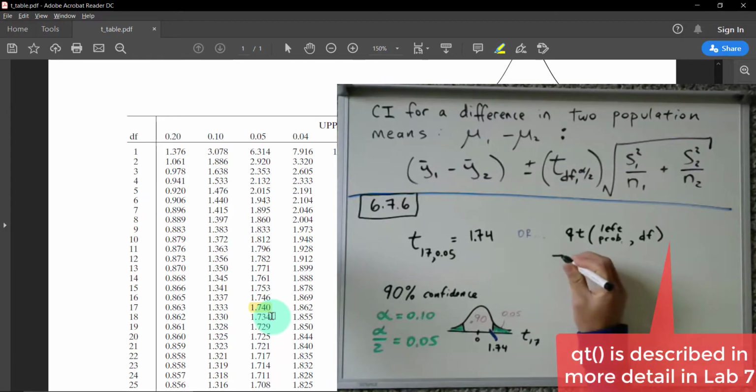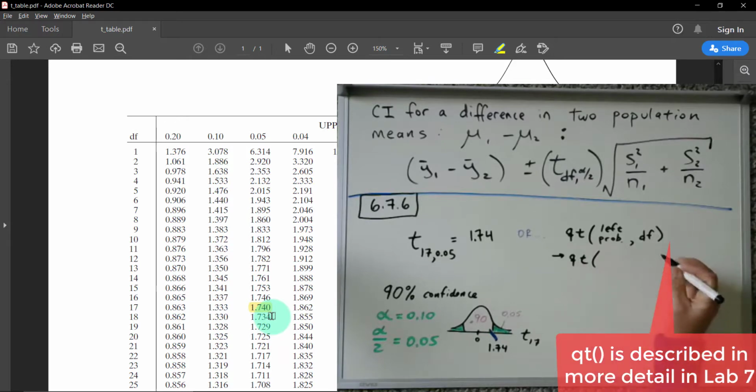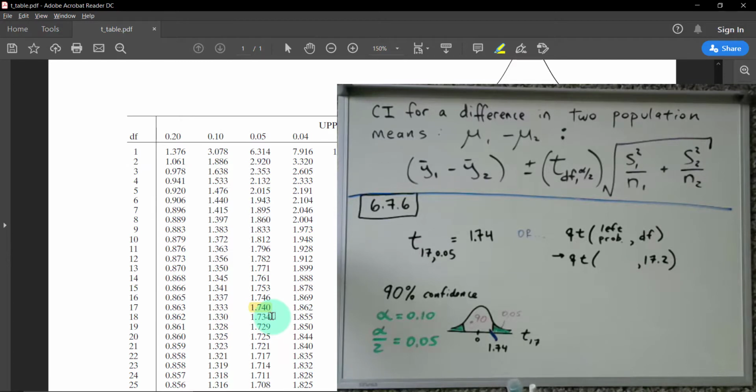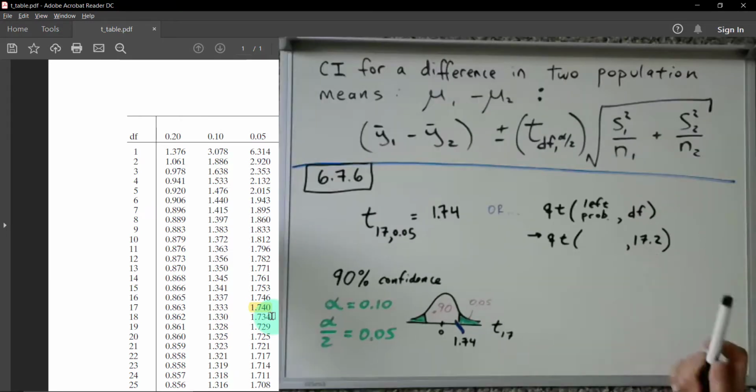If we type that into R, let's see what we need to type. Well, we were given degrees of freedom, 17, we'll go with 17. I guess the book said 17.2. We can do that with R. The table only has integers. Let's think about what is the probability or the area to the left of this blue tick mark.